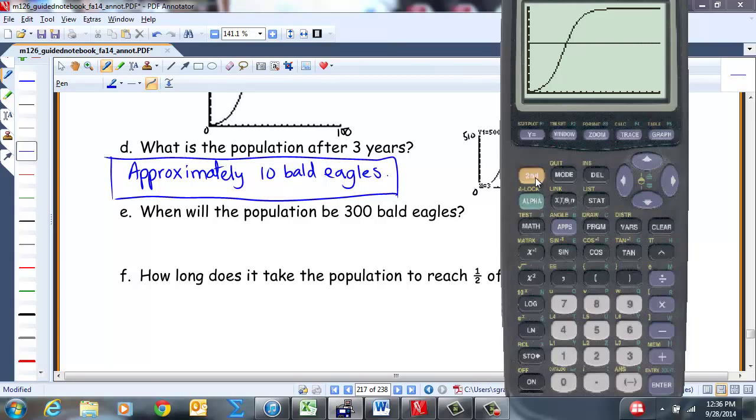Then second, calculate, intersect, first curve, second curve, and enter, enter, enter, and we get this result.